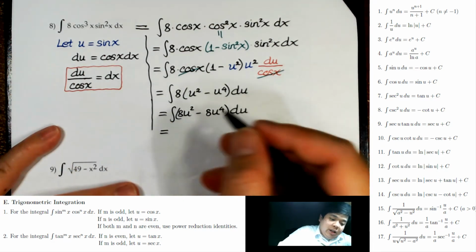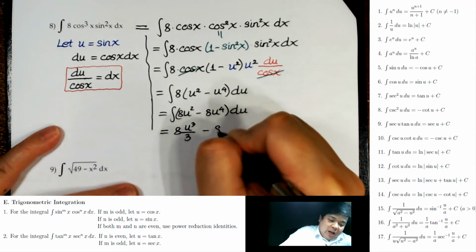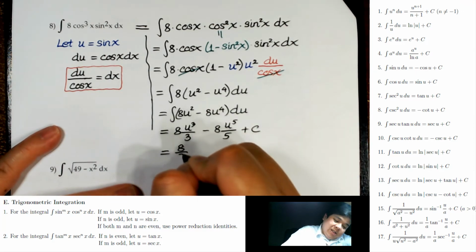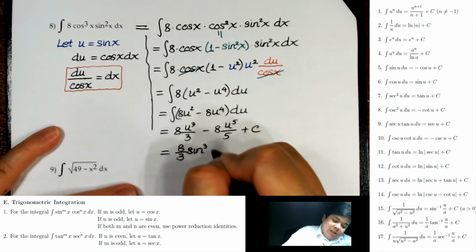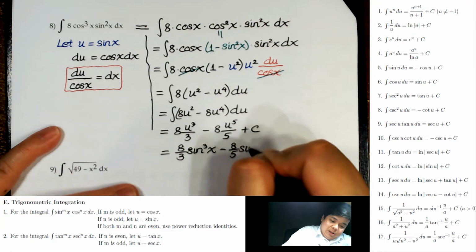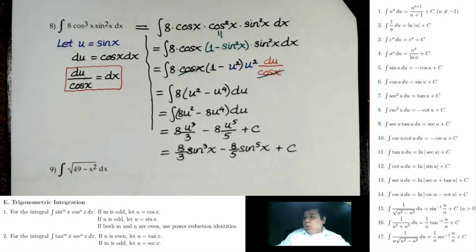So that will be 8u cubed over 3 minus 8u to the 5th over 5. Let's see, u is sine x. And that's what we have.